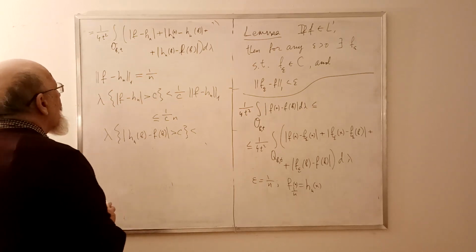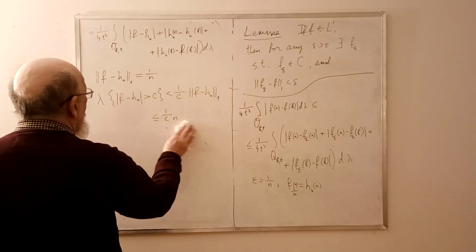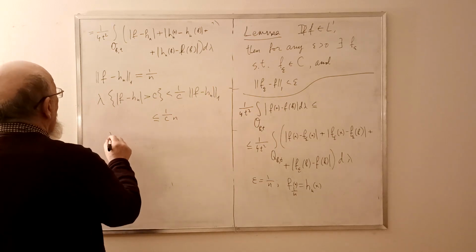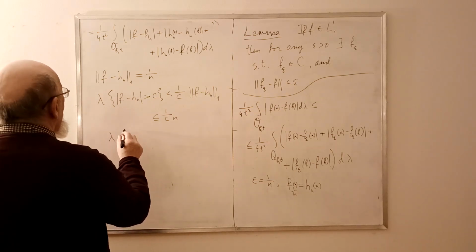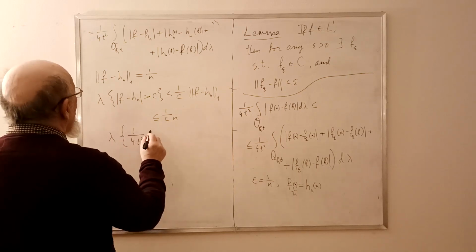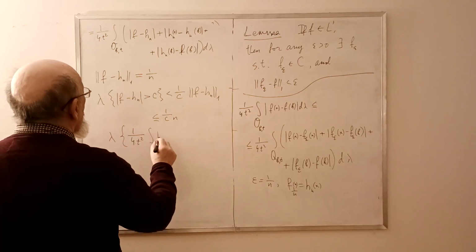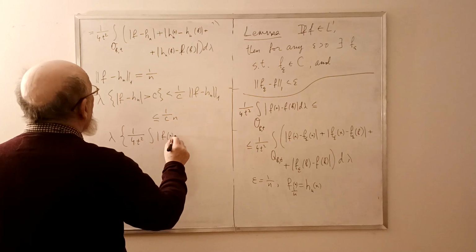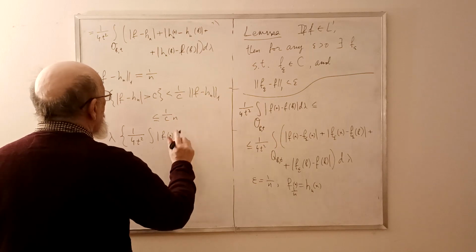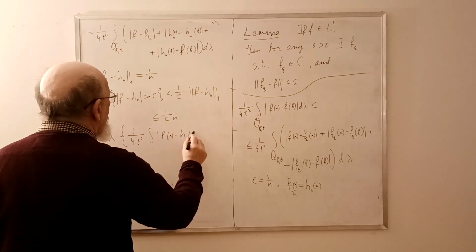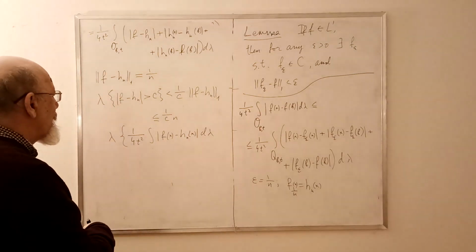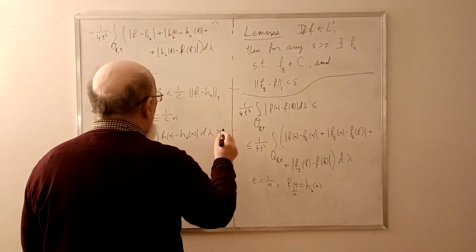No, one moment. I have already rolled this. So lambda of the following set, where 1 over 4t square integral of modulus f of x minus hn of x d lambda is more than c.